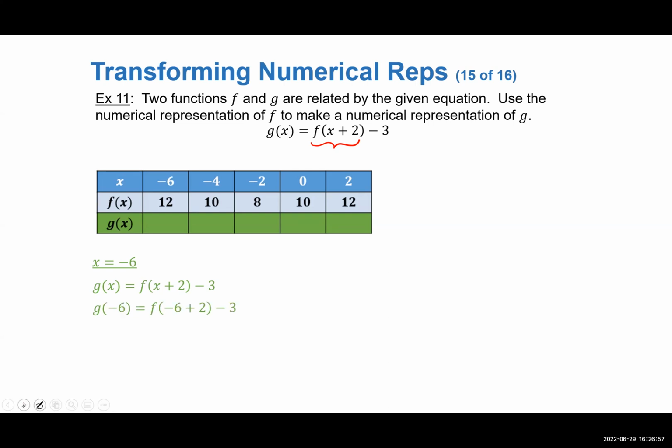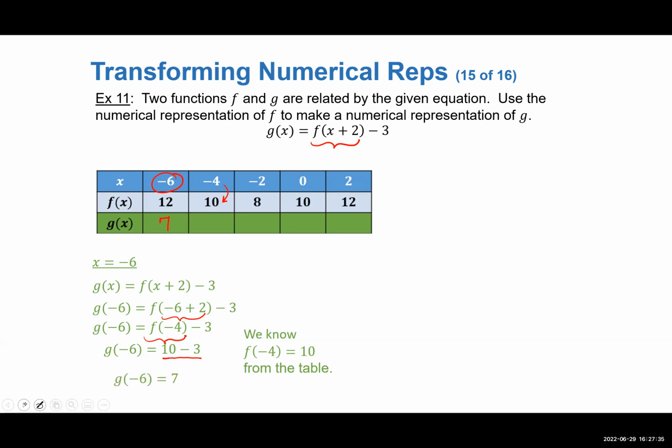So let me show you what this means. So we're going to put -6 in for x. And so that becomes f of -4 because we did +2. So we shifted it. Okay, we got -4 now. Then we take this function value from the table, which is 10. We substitute that in and we get just 10 minus 3. And that gives us our value, which is 7.